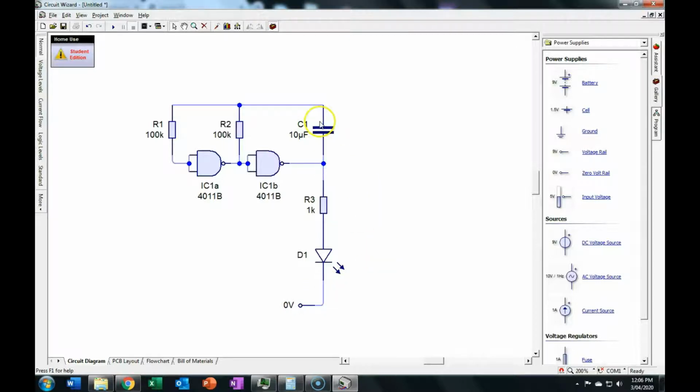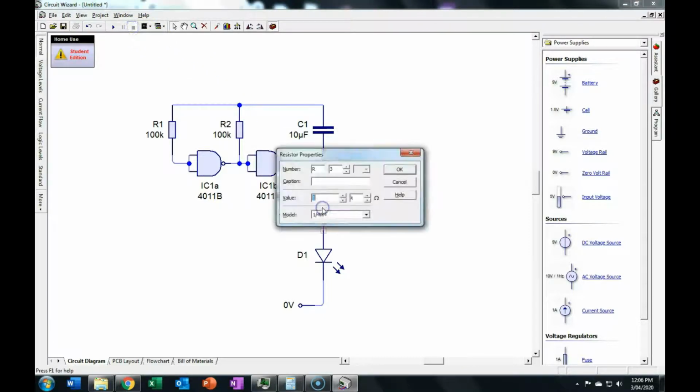Okay. And just like we did with the previous circuit, we simulated using this play button, run, and something's not working. Okay, it is working. I reckon it's a bit high.